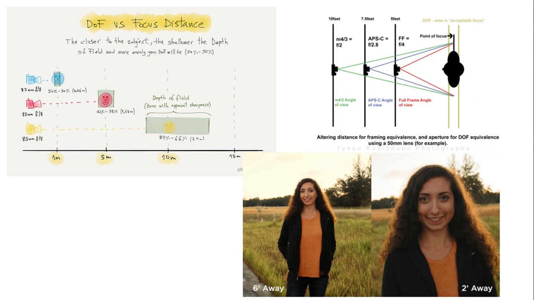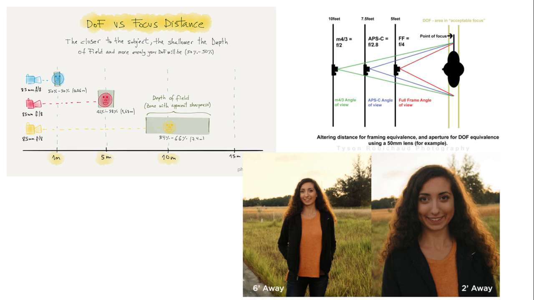So it's more even when the focal distance is further away. That's basically what that first image on the top is trying to tell you: the further you are, the more sharpness you're going to get from the image.